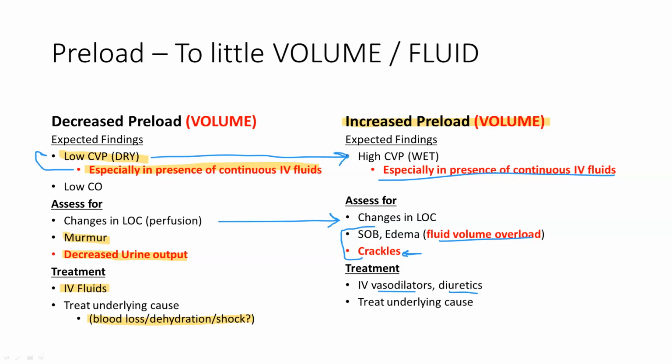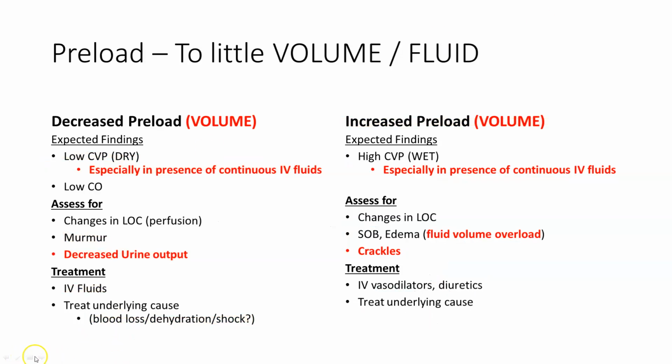Diuretics will actually decrease preload and afterload, but what I want you to do is to be able to figure out if you have fluid volume overload, you're probably going to get diuretics. If you have issues with your blood pressure is 200/100, you know you're going to probably give hydralazine or metoprolol or things that promote vasodilation. And you're still going to treat the underlying cause. That's hand in hand with it's a pump issue or a volume issue. Treat the underlying cause is always a good answer for cardiovascular.